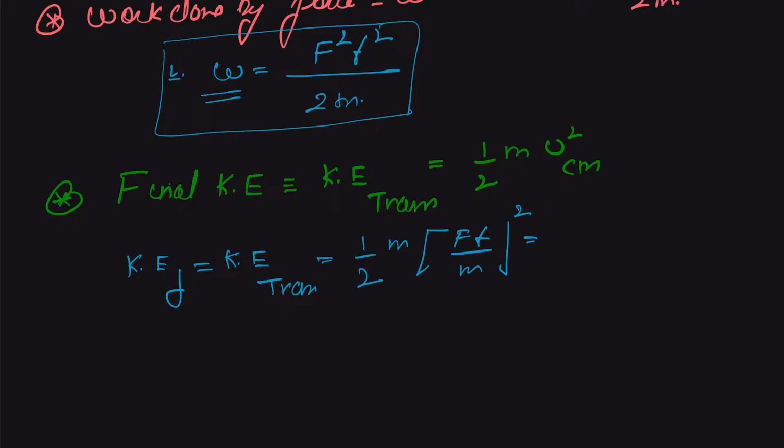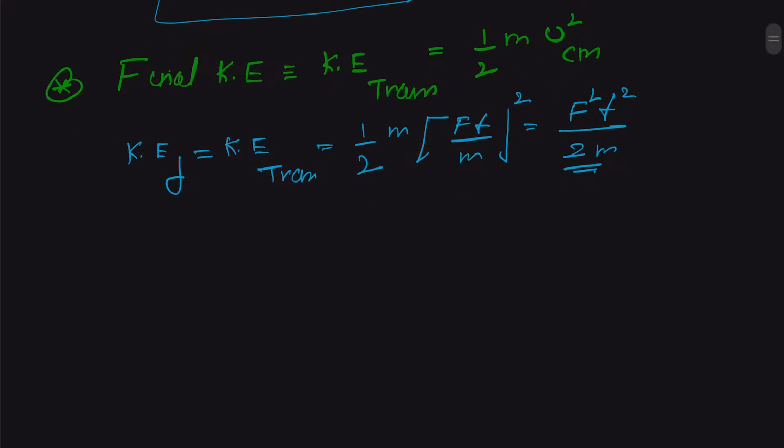The m square and square go away, so this comes as F square t square upon 2m. Therefore we can write that our kinetic energy final is equal to our work done. Okay, that was one of our parts.